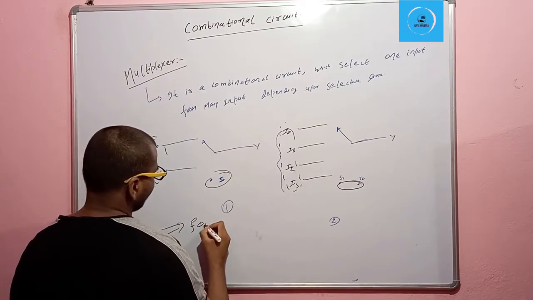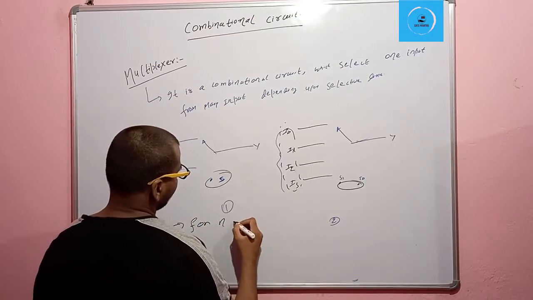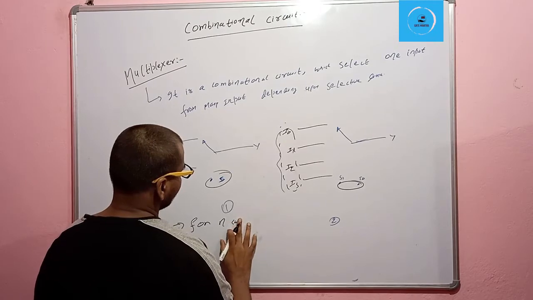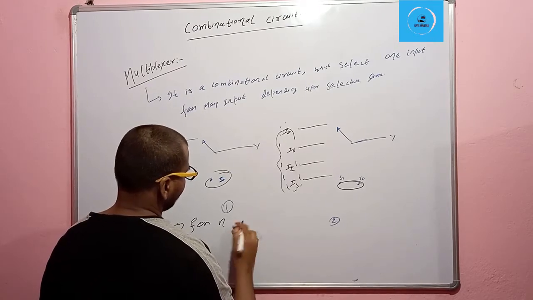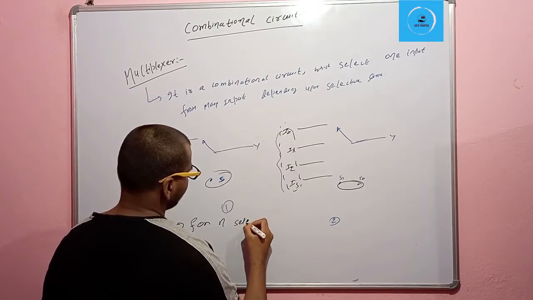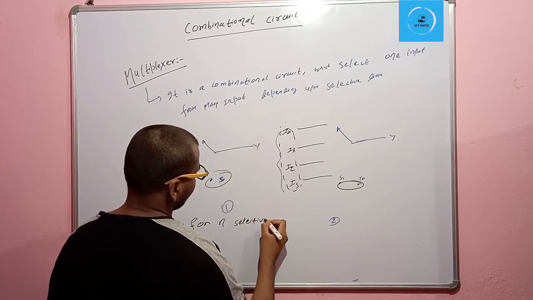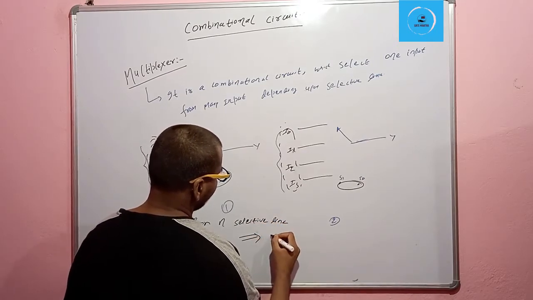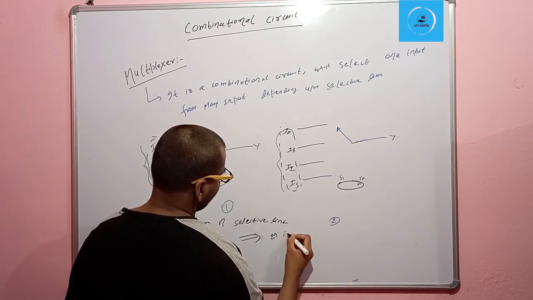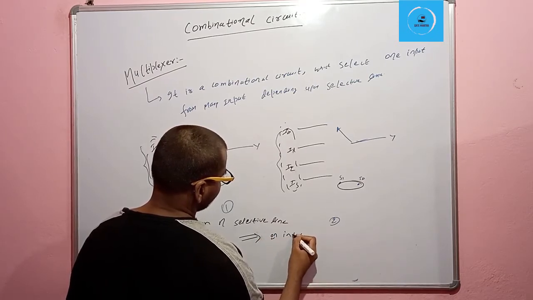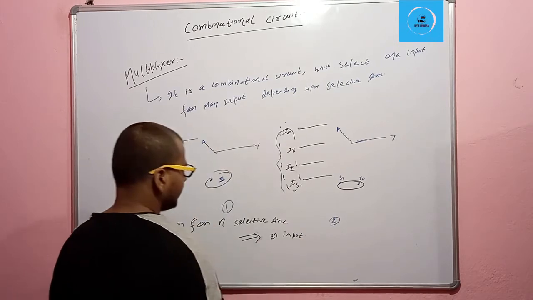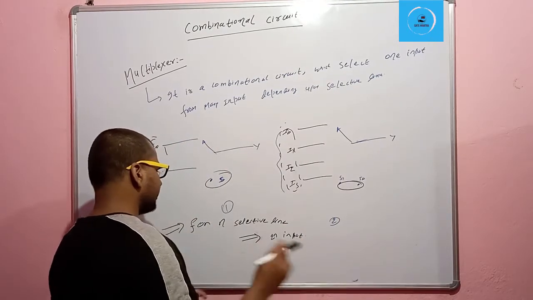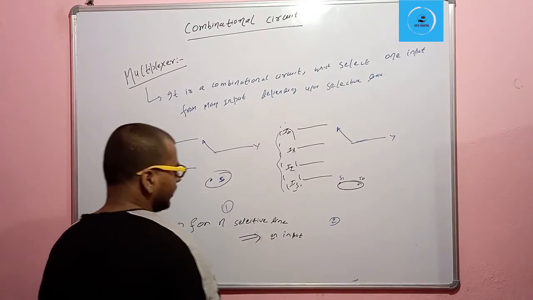So for n switches, or we can say for n selective lines, how many inputs will there be? That is 2 to the power n inputs. Okay, for n selective lines, there will be 2 to the power n inputs.